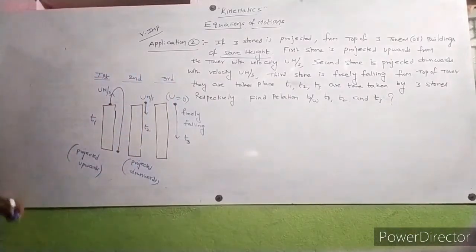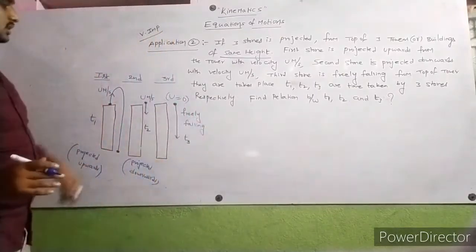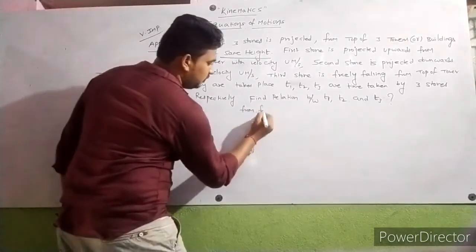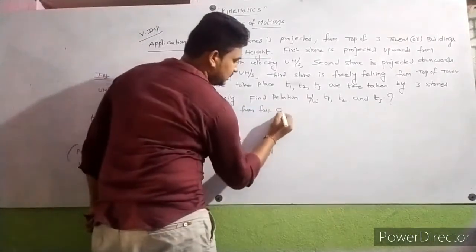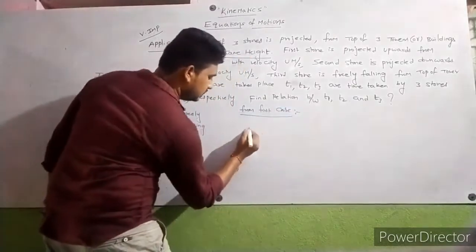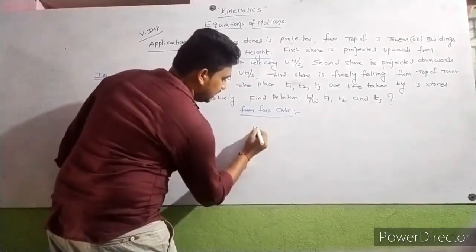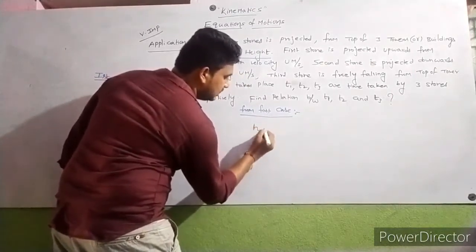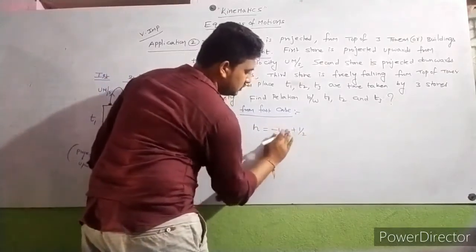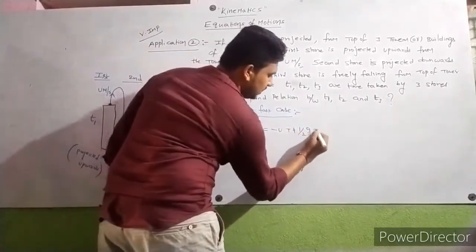Here the first stone is projected upwards. So from this first case we apply the formula S = -ut + half gt square.